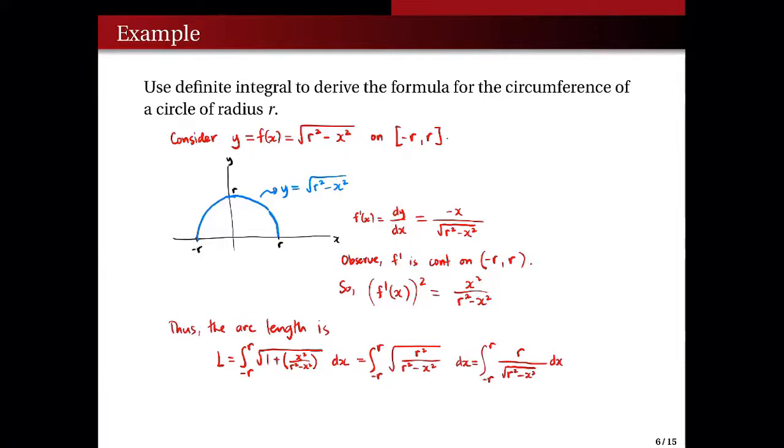And then from here, we use trigonometric substitution. Using trig sub, you have something squared minus x squared, so constant squared minus x squared. You have to use your sine substitution.